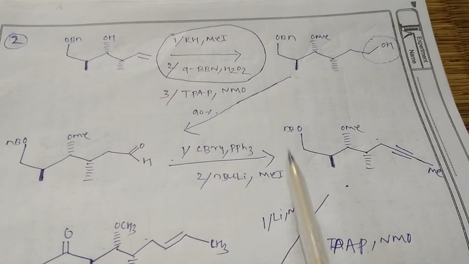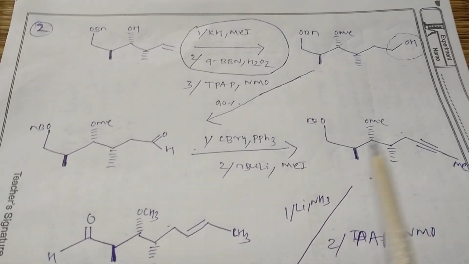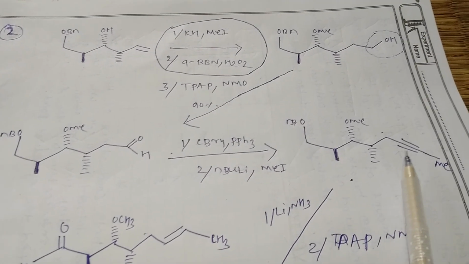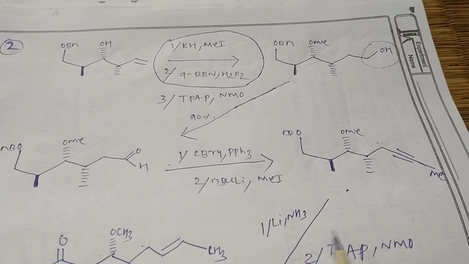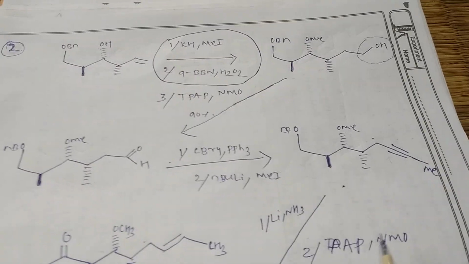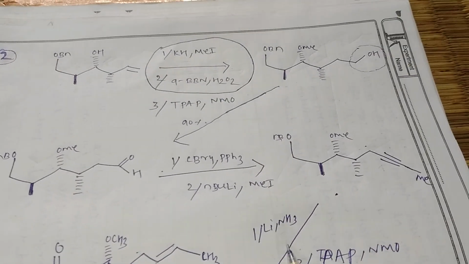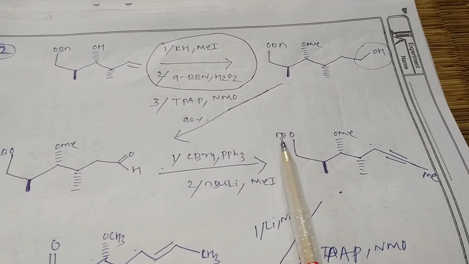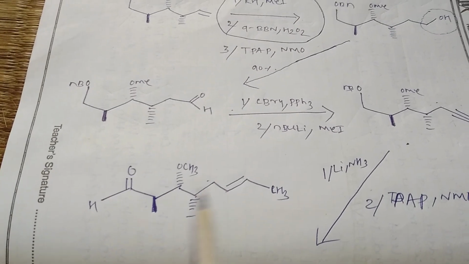And finally the TPAP NMO converts this primary alcohol to aldehyde. Again, lithium in liquid ammonia converts the triple bond to the E-substituted double bond and deprotects OBn to the primary alcohol, and using the oxidizing agent, that primary alcohol is converted to aldehyde.